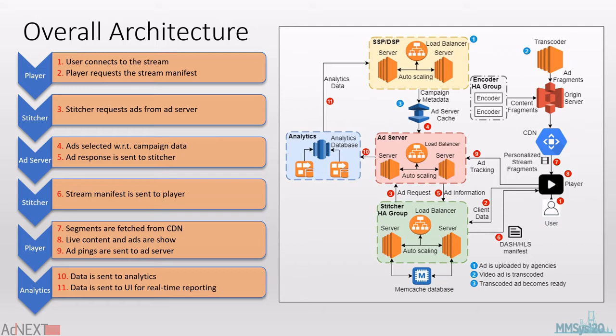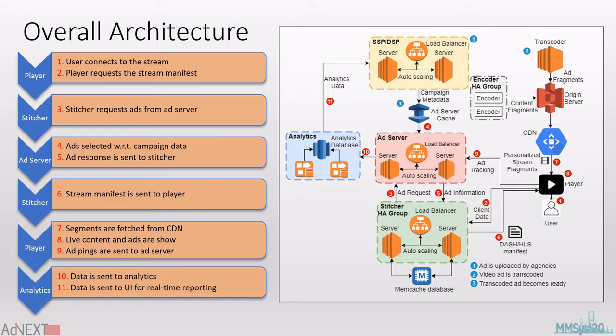Video plane starts with the encoder cluster, and the incoming live stream, either from a satellite feed, for instance, or a multicast, is ABR encoded to produce fragments, Dash fragments, or HLS transport stream segments. And those segments or fragments are uploaded to a cloud storage server behind a CDN.